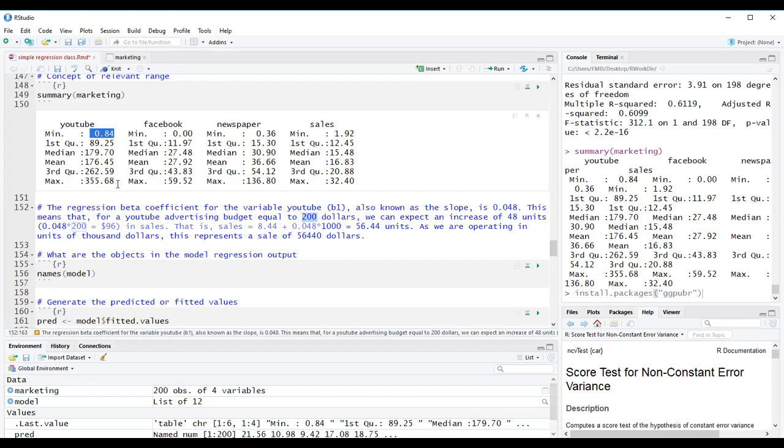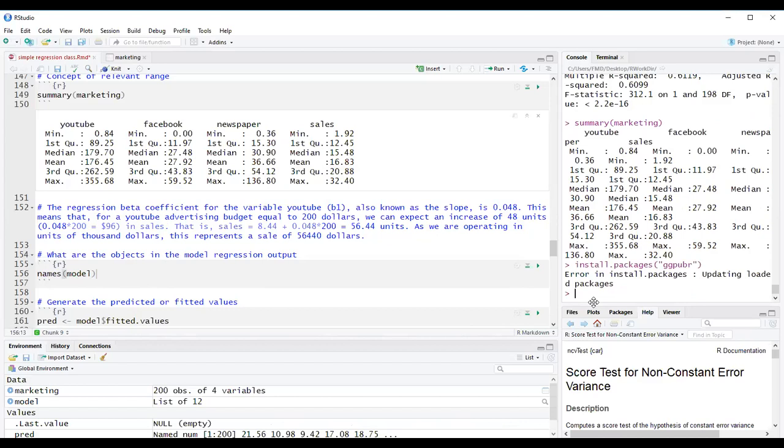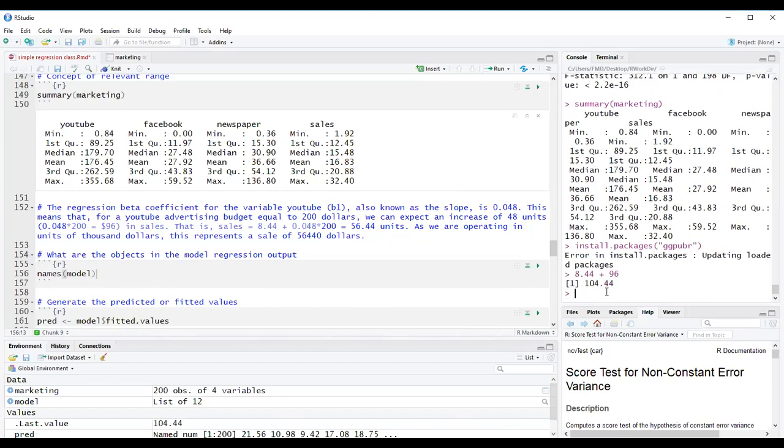Dapat kung even nag-exceed sa maximum, dapat hindi masyado nalalayo. So we can expect an increase of 0.048 units times 200 in sales. That is sales is equal to 8.44 plus.